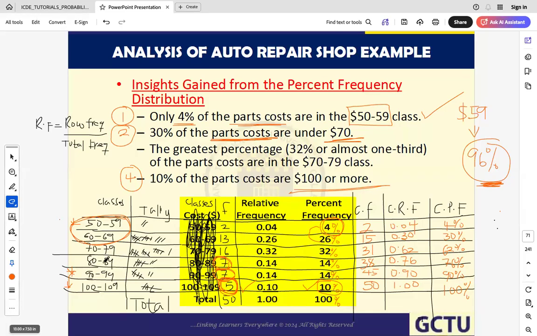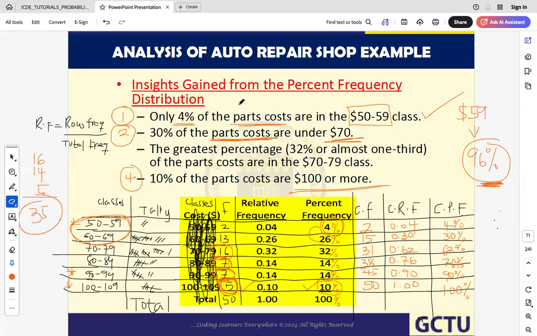And then finally, all invoices that had 70 to 79 were 16. Now let's look at the bigger picture. So it means if we add the 16 to the 7 plus 7, 14, to the 5, we are going to have 35.